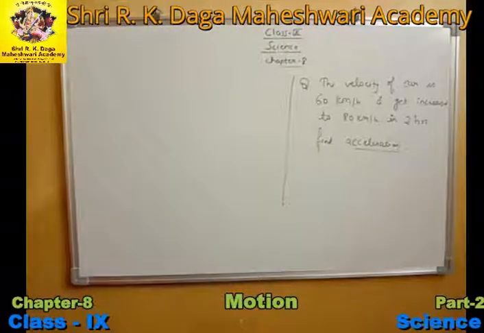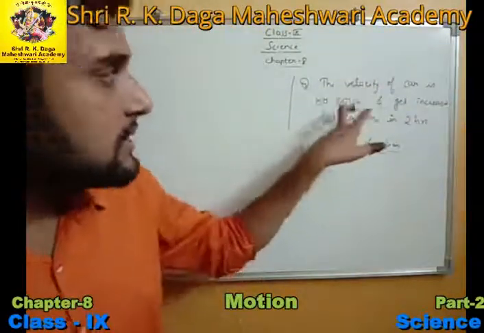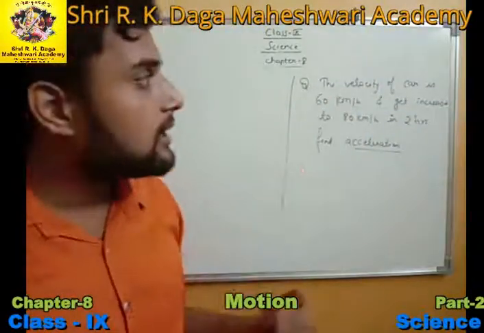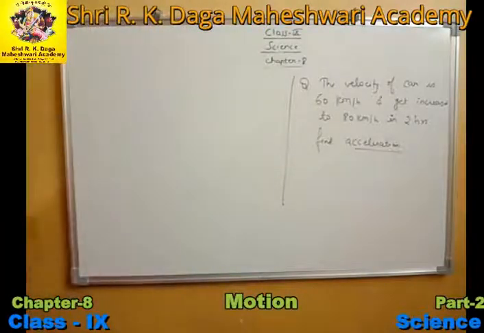I hope the question is clear to all of you, right? The velocity of the car is 60 km per hour and it increases to 80 km per hour, and the time taken to cause this increase is 2 hours. Then we have to find acceleration.